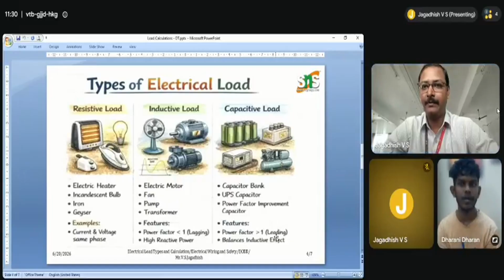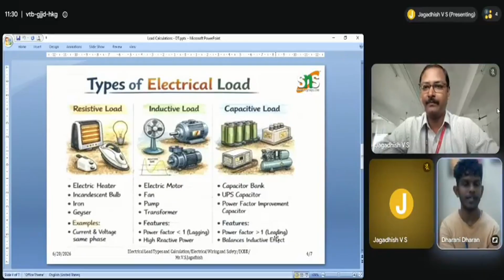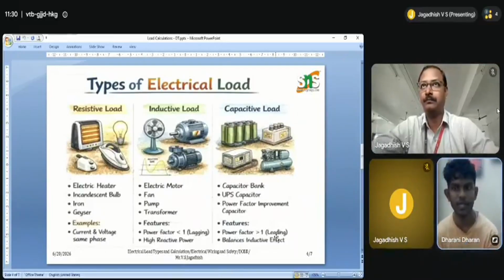Here I would like to explain the different types. As I said in the previous slide, I would like to expand on it. Resistive loads can be compared to electrical heaters, irons, and geysers, where current and voltage are in the same phase.